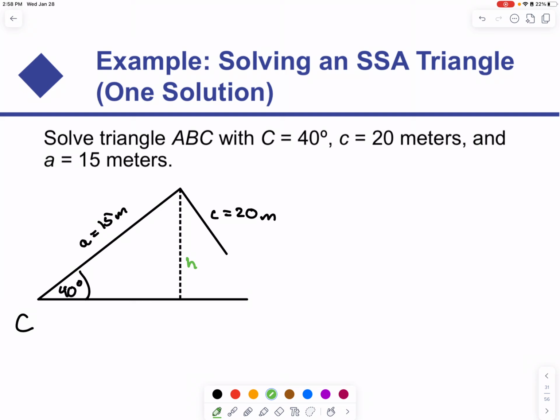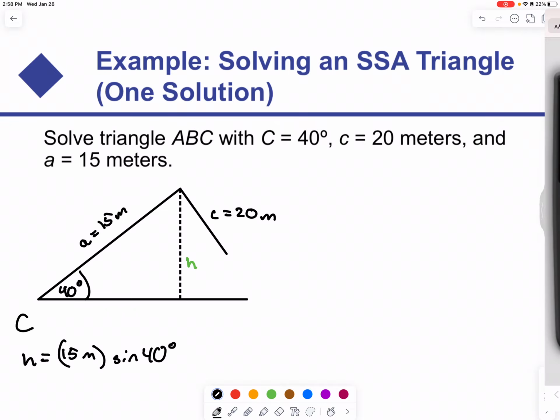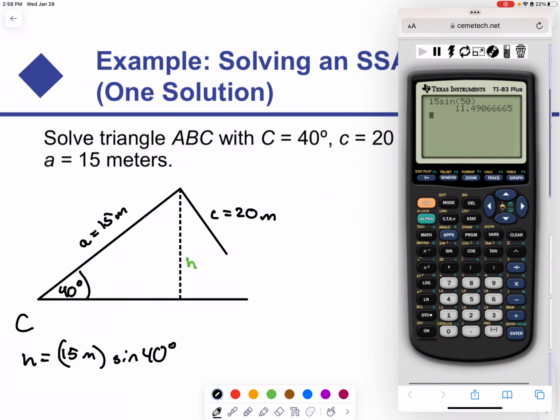So if we wanted to calculate h in this context, we can do the sine of 40 will be h over a. So then, long story short, h would be equal to 15 meters times the sine of 40 degrees. If we use our calculator, we are in degrees, and we make sure.